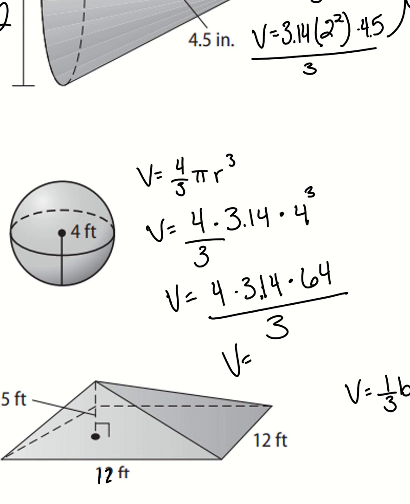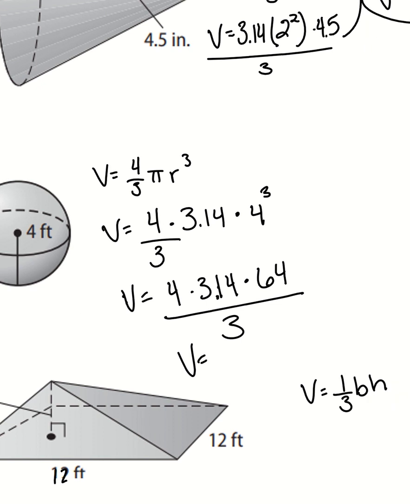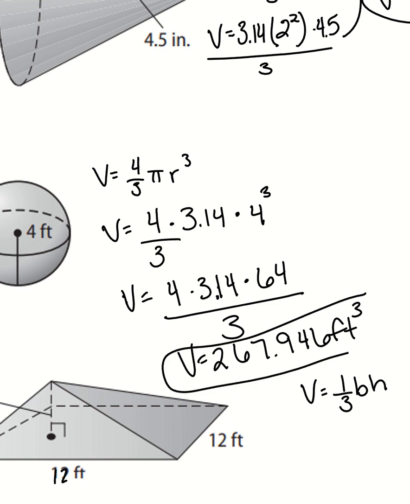So 4 times 3.14 times 64 is equal to 803.84, and that entire thing divided by 3 is equal to 267.946 feet cubed. Could you have rounded that and made it 267.95? Yeah, sure.